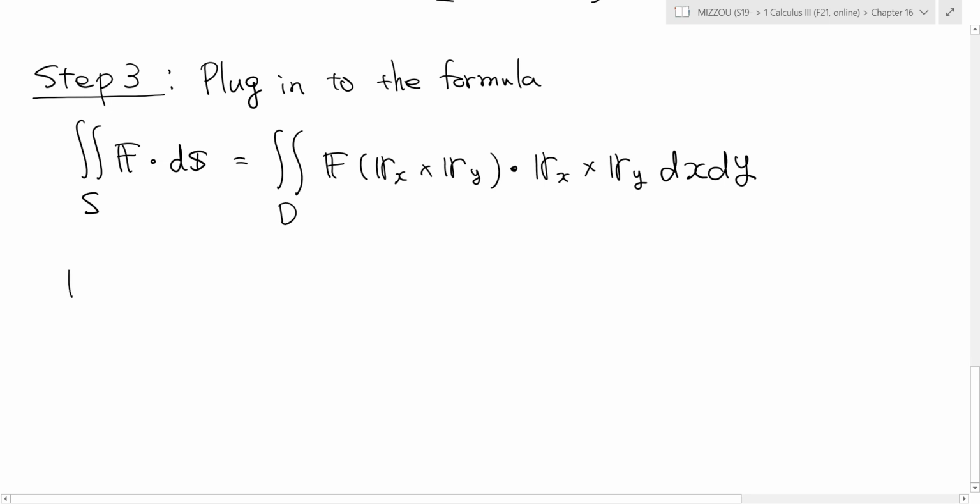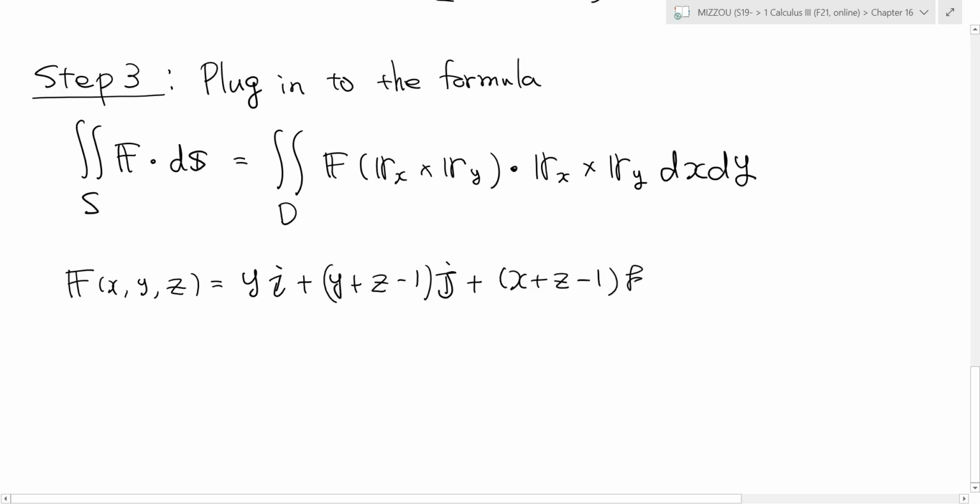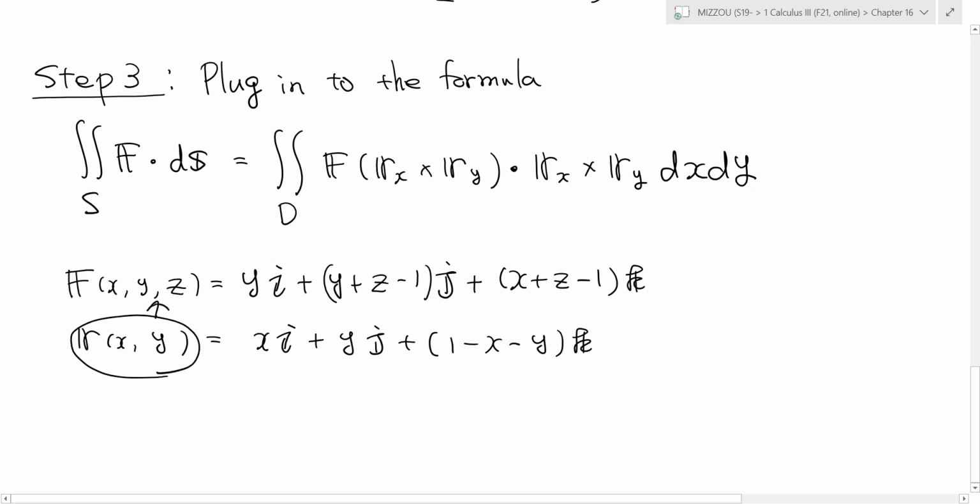So here, F(x, y, z) in this example is y i plus (y plus z minus 1) j plus (x plus z minus 1) k. I just copied it. And then we know that our parameterization is x i plus y j plus (1 minus x minus y) k. And then what you have to do is just plug this into here. But what does that mean?